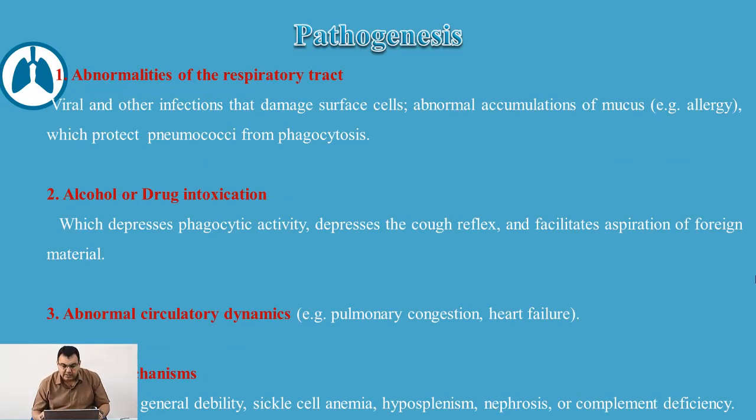Number 1, abnormalities of the respiratory tract: viral and other infection, damaged surface cells, abnormal accumulations of mucus, for example allergy, which protects pneumococci from phagocytosis. 2, alcohol and drug intoxication, which depress phagocytic activity, depress the cough reflex and facilitate aspiration of foreign material. 3, abnormal circulatory dynamics: pulmonary congestion, heart failure.